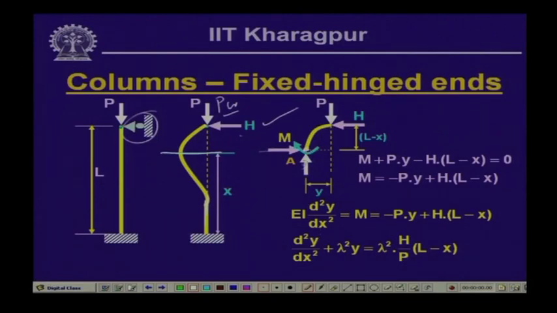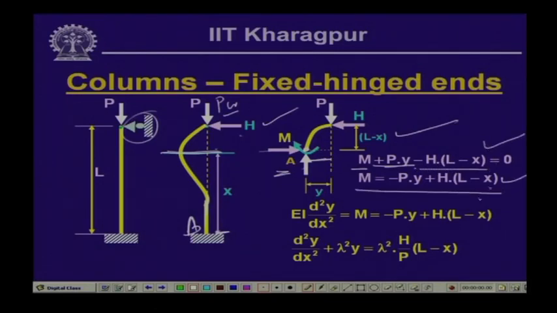If we take the moment with respect to A, we will have M plus P times y, y is this distance, and since we are taking the section at a distance of x from the origin, let us call this as B, this is L minus x. So, minus H times L minus x equals to 0.